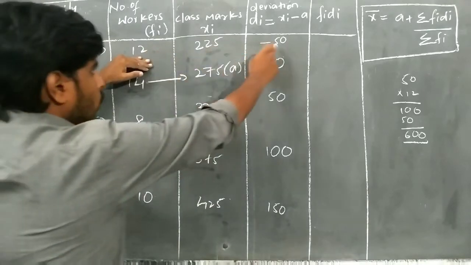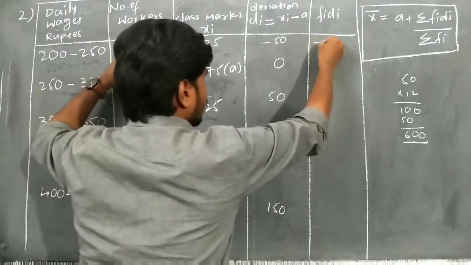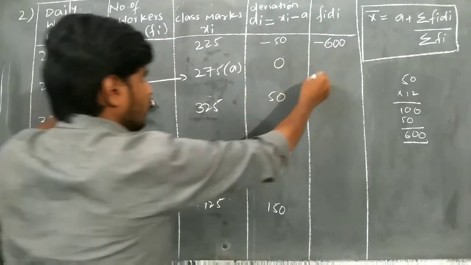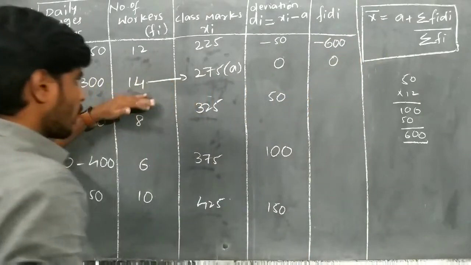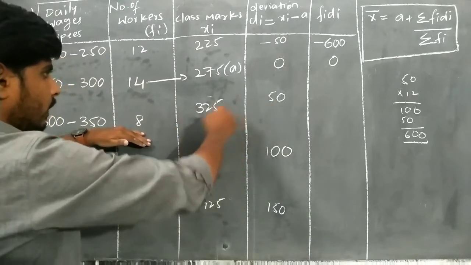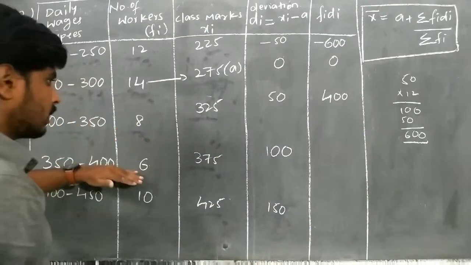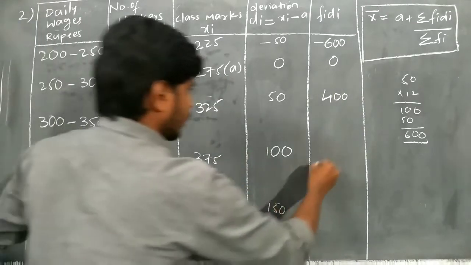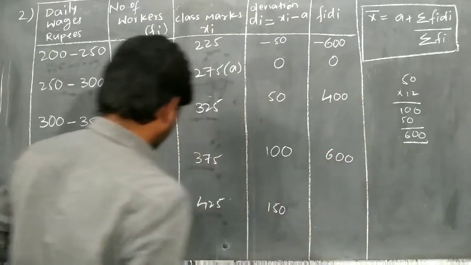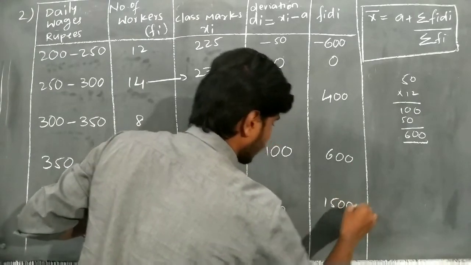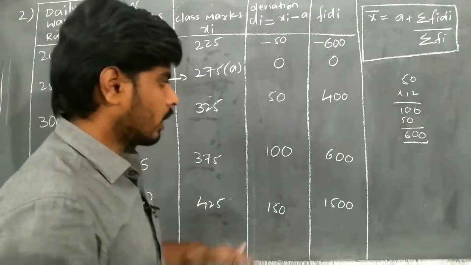So 12 into minus 50 equals minus 600, okay. Next, 14 into 0, we get 0. 8 into 50, 8 fives are 40, so 400, okay. Next, 6 into 100, it is 600. Next, 10 into 150, it becomes 1500, okay.